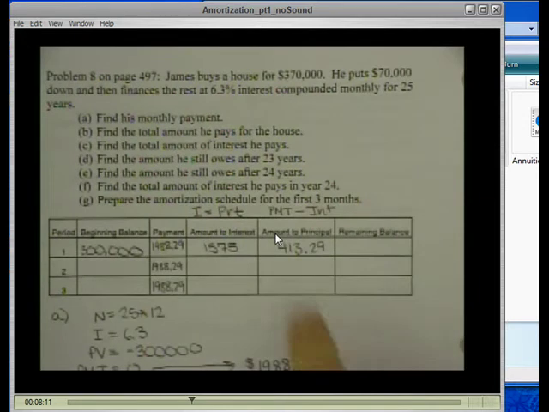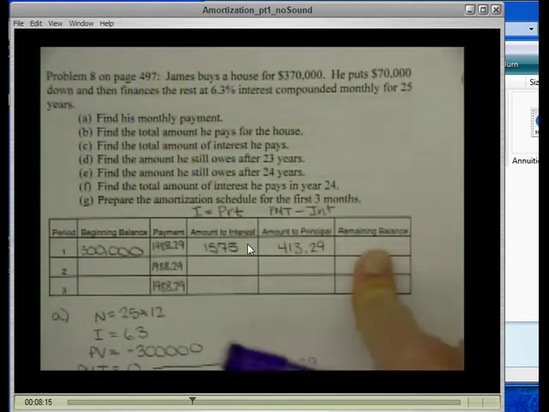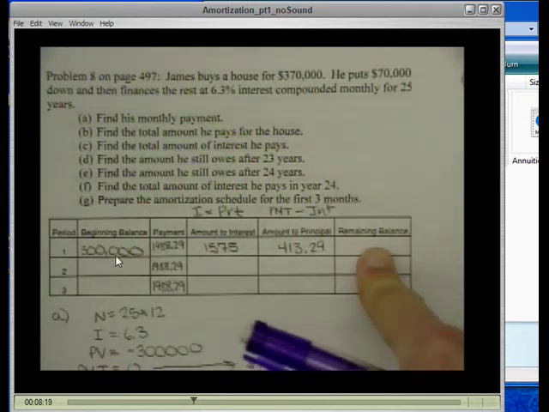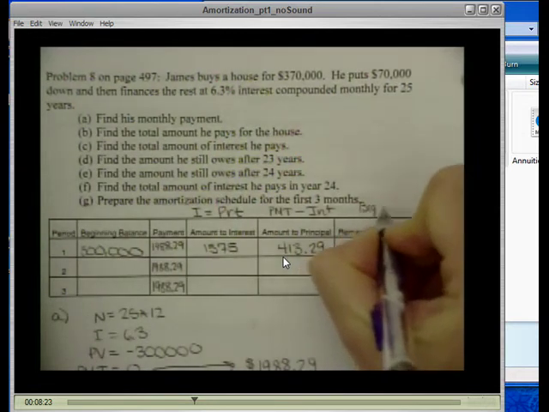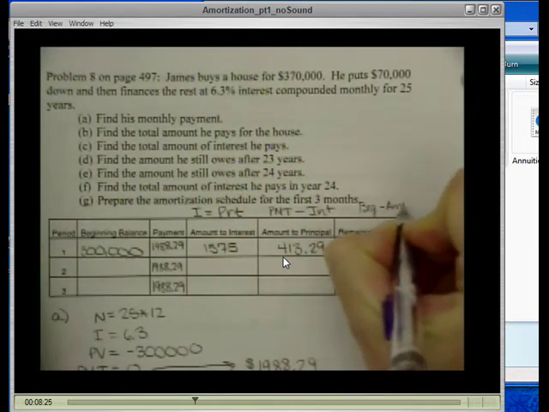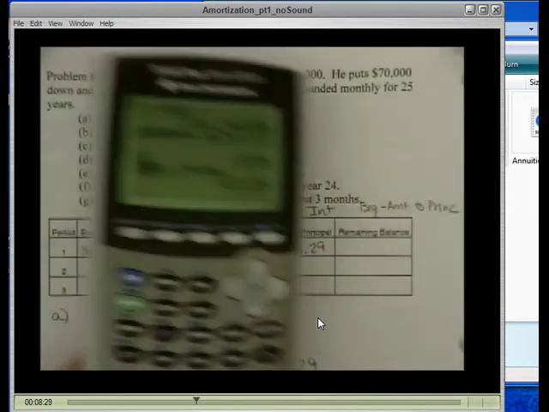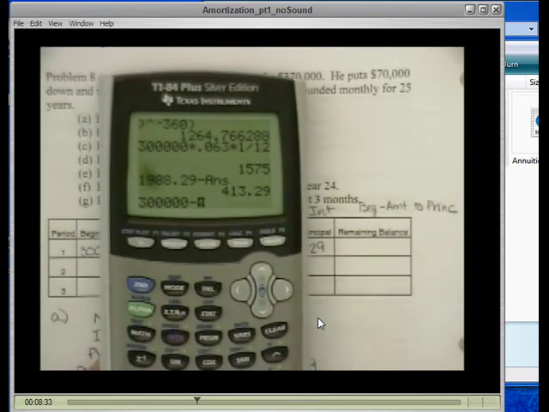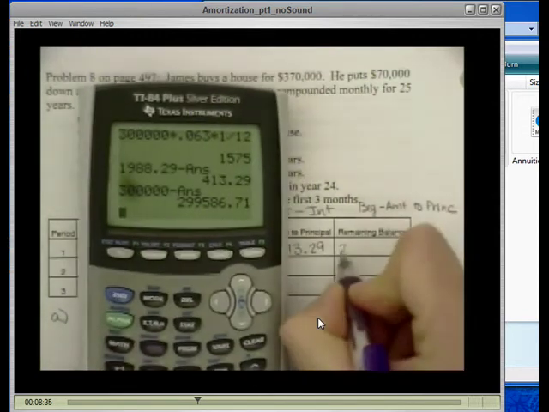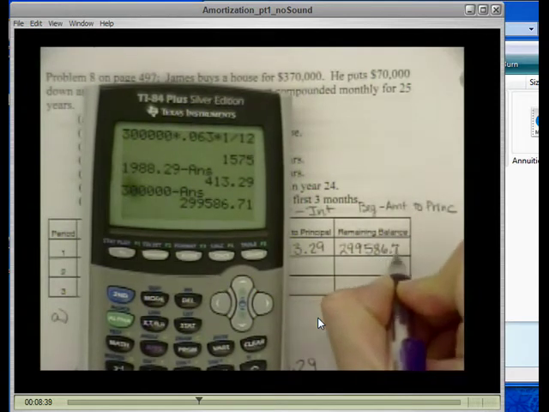So the amount that goes to principal, that's what reduces our balance. So the remaining balance is the beginning balance minus the amount to principal. And I just hit that second negative key again. You can just type it in if you don't like using that.